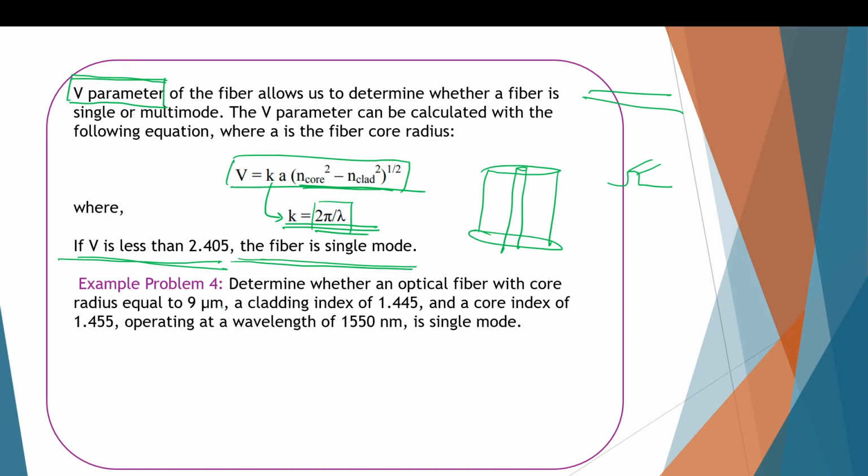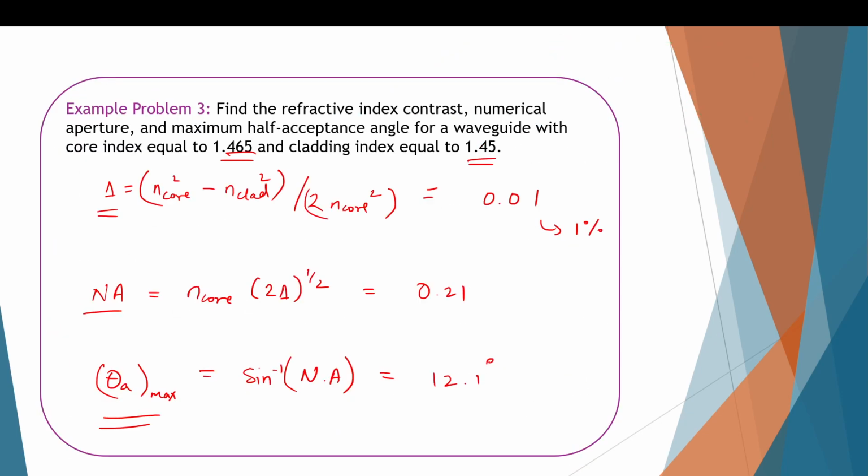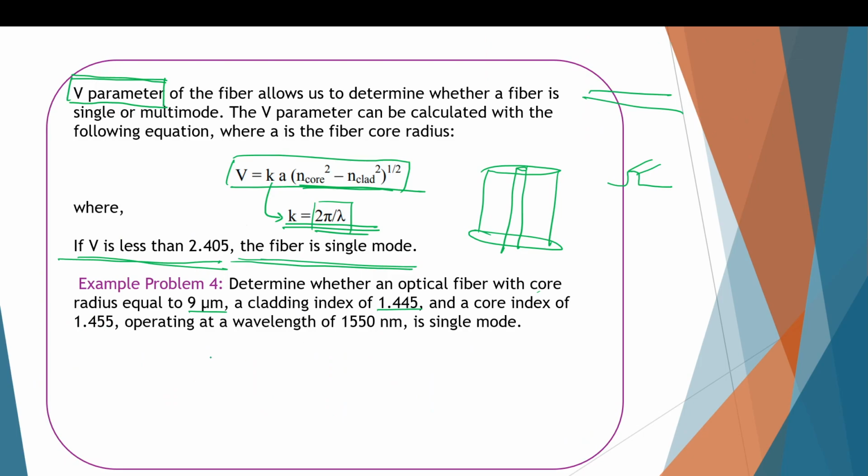So based on this formula, we can do certain problems. Determine whether an optical fiber with core radius equal to 9 micrometer and cladding index and core index, oh, they both are same. So we can take this core and cladding from previous questions, 1.465 and 1.45. And the operating wavelength of 1550 nanometer.